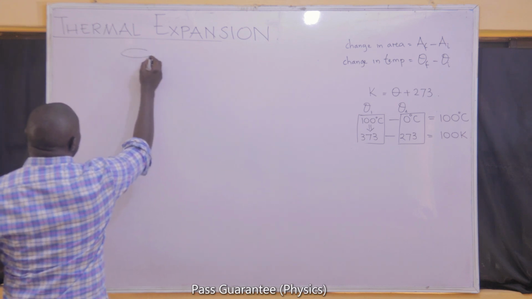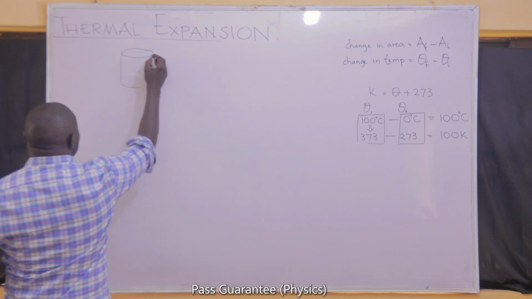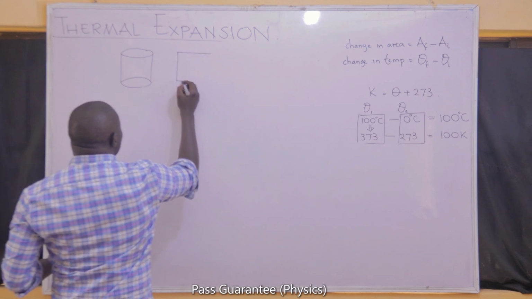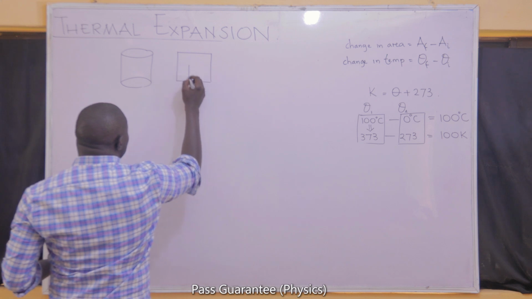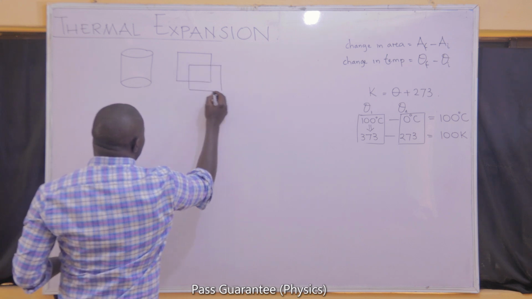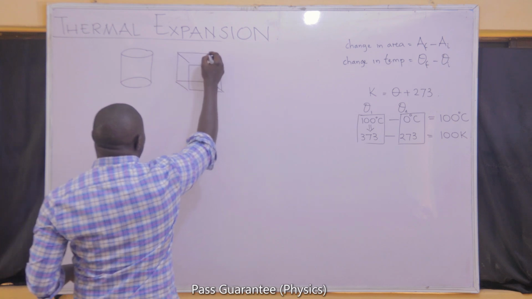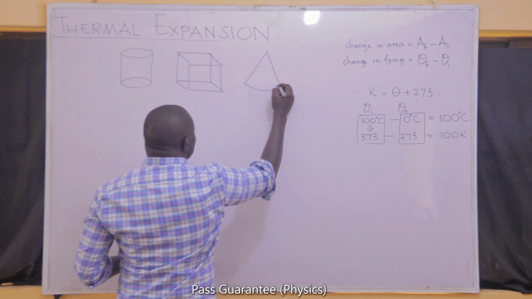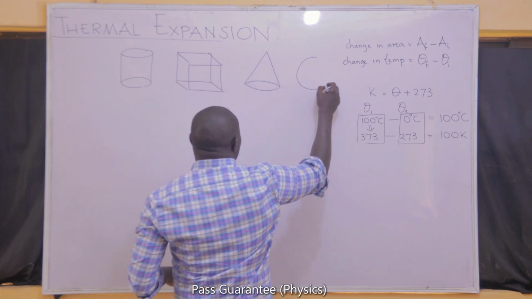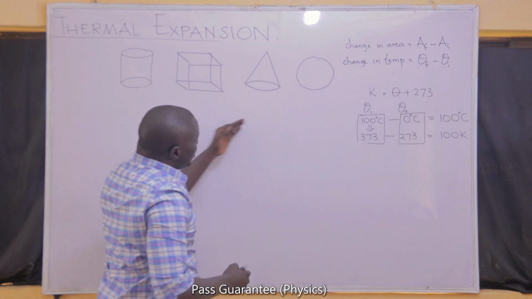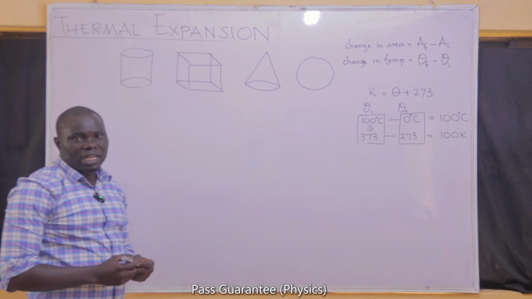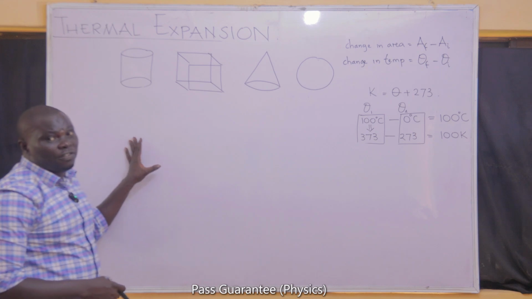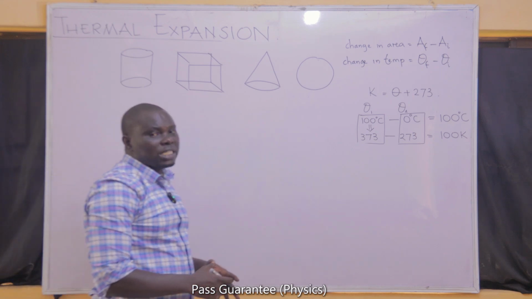If I have a cylindrical object, if I have a cubical or a cuboidal object, if I have a conical or a spherical object, this is not a circle, this is a sphere. If I'm given any of these, or even much more that we mathematically refer to as solid shapes, then it is more appropriate that I refer to their volume and not their length or their area.